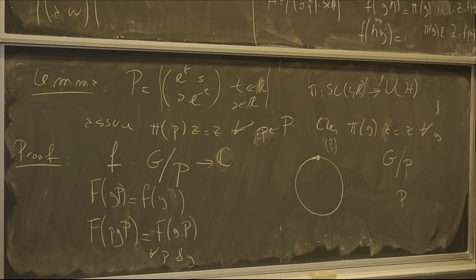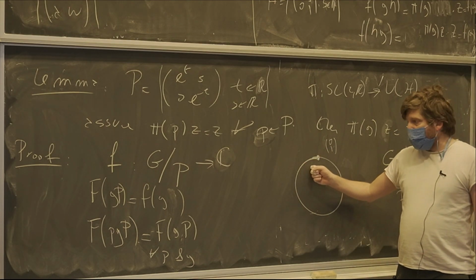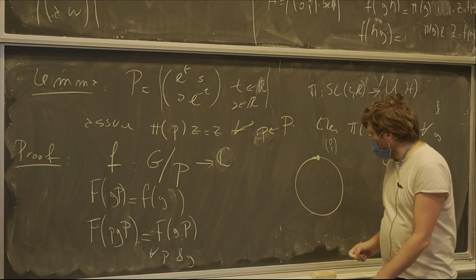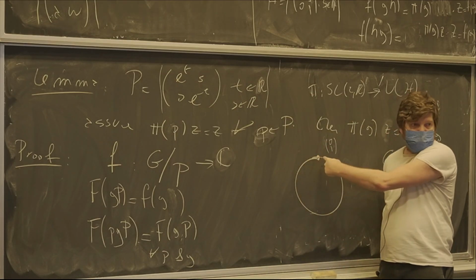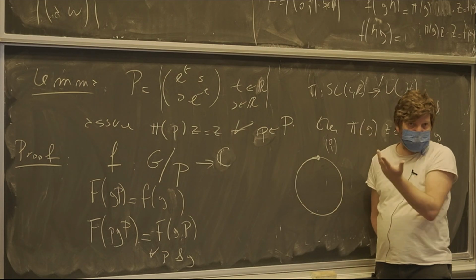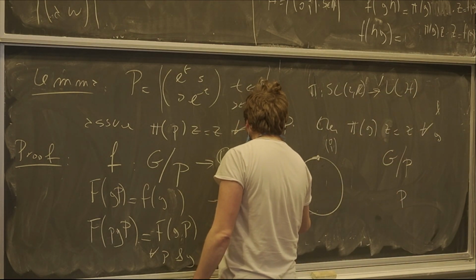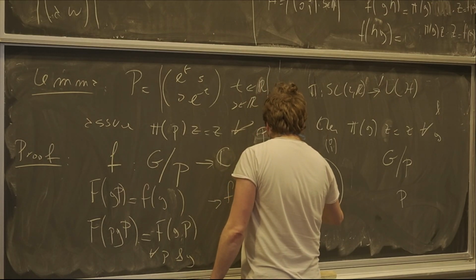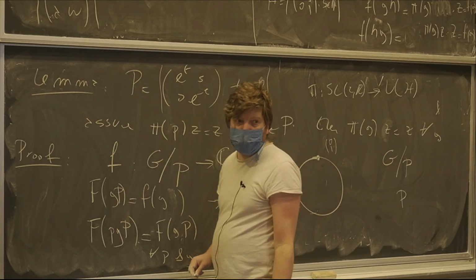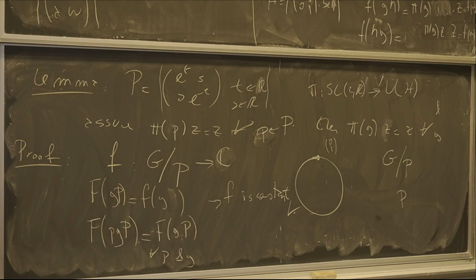Anyway, it doesn't matter, there are just two orbits. One orbit is a point, the other orbit is the rest of the circle. And the invariance by P tells you that the function is constant on the complement of a point, but this is a continuous function, so it has to be constant. So this implies f is constant, and we are done. Then we do the same trick as before.